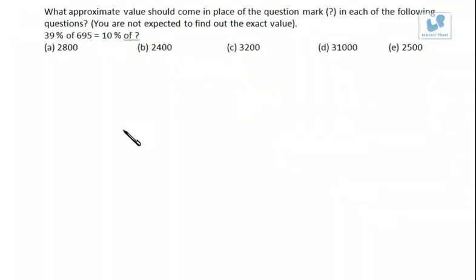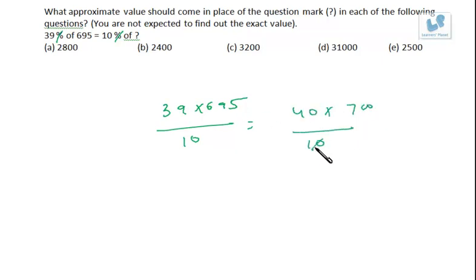Now friends, let's see this question. Here 39% into 695 is 10% of what? I eliminate the percentage sign from both sides, and so this is 39 into 695 by 10 that we have to calculate, right? Now I can make it 40 into 700 by 10. So it's around 2800. So our answer will be less than 2800.